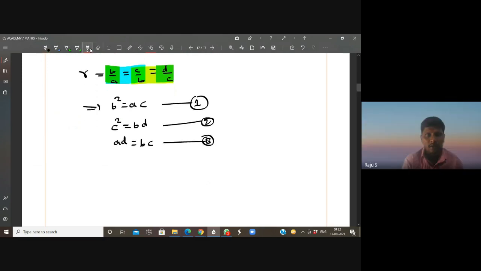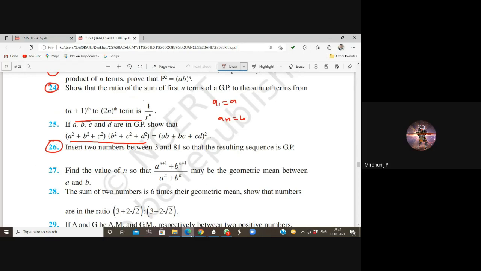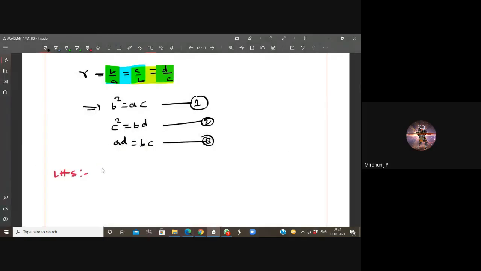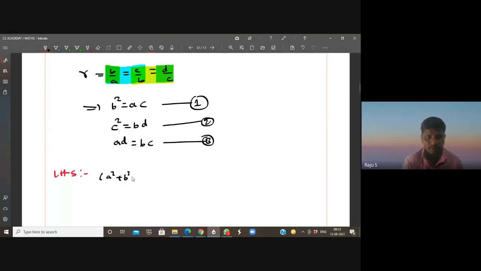First I am going to take the LHS here. What is the LHS, students? A square plus B square plus C square into B square plus C square plus D square.